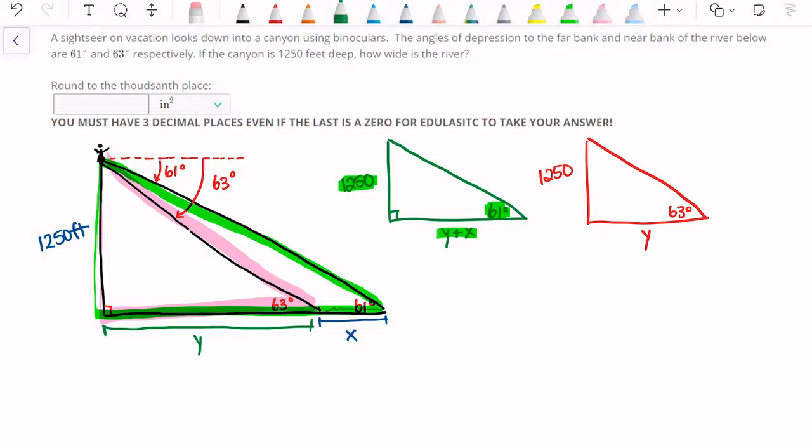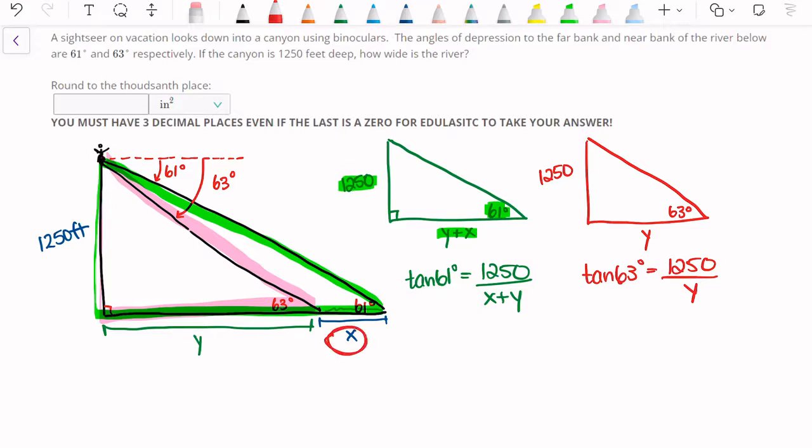So for this first triangle, I can set up the relationship tan 61 is 1250 over X plus Y. For my red triangle, I've got tan 63 is 1250 over Y. Now I want to solve for X, so what I'm going to do is get Y alone in my red equation and then sub that in. So over here, we know that Y equals 1250 over tan 63.